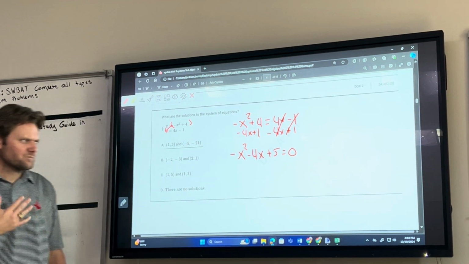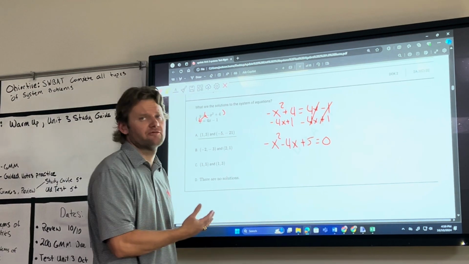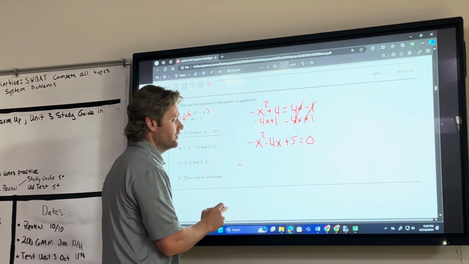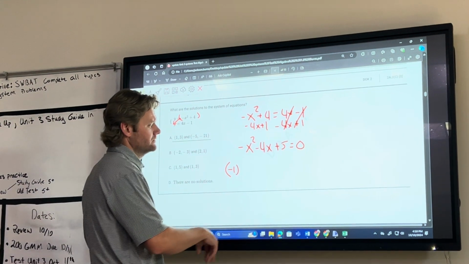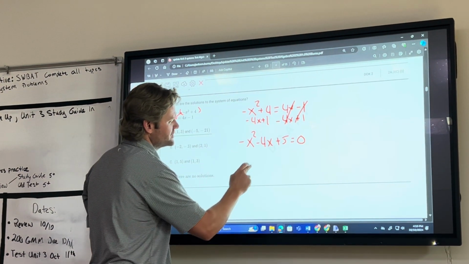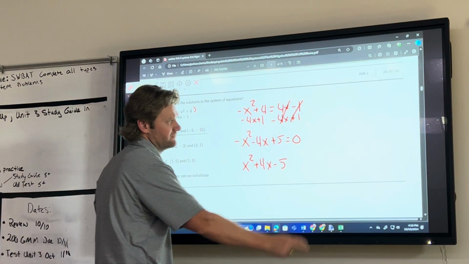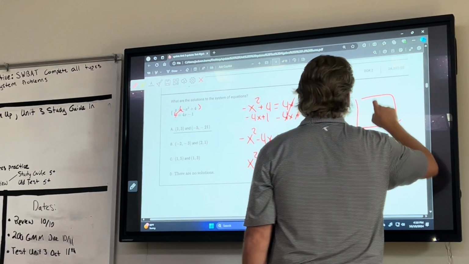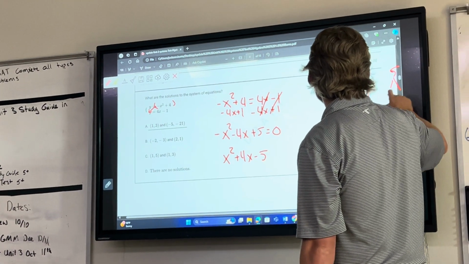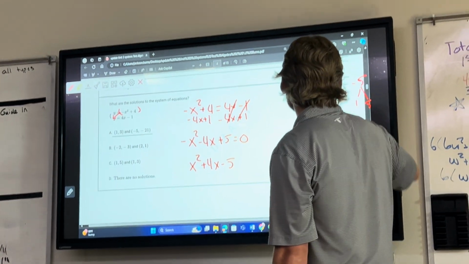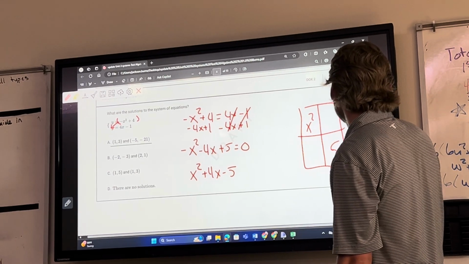So this becomes negative x squared minus 4x plus 5. When it's me, I don't like working with a negative leading coefficient, so I'm going to multiply the whole thing by negative 1. I'll do it on that side, but it doesn't change my 0. So my new equation will be x squared plus 4x minus 5. Then I can put it in my box. What times what multiplies to equal negative 5 and adds up to 4?